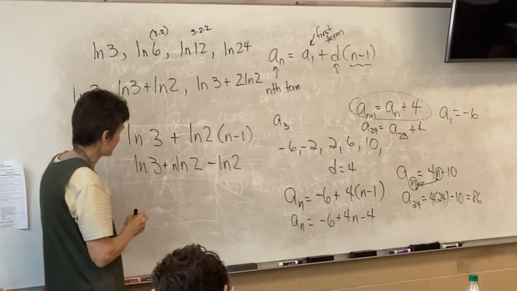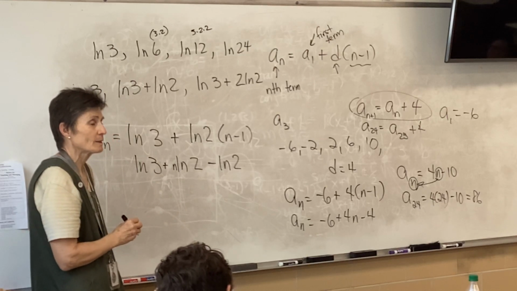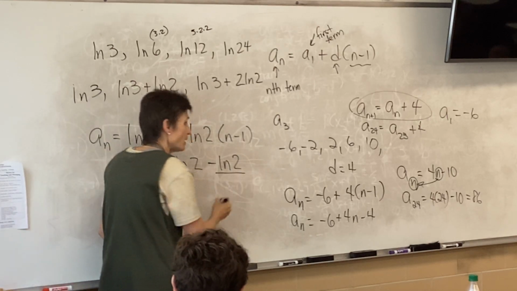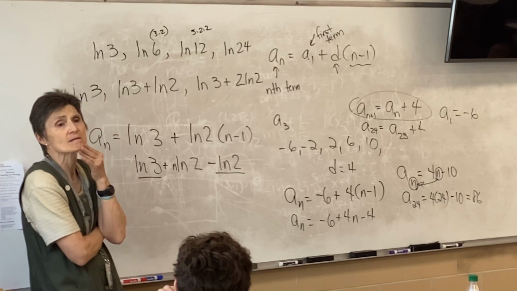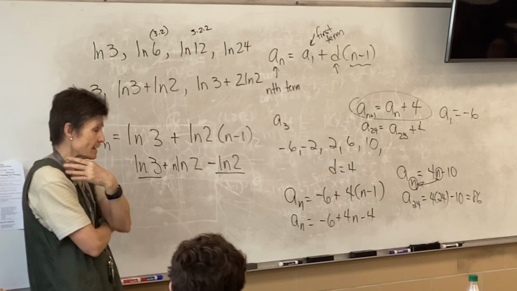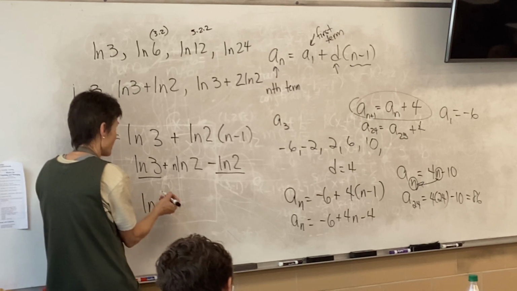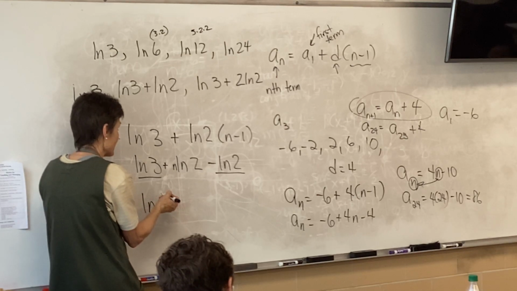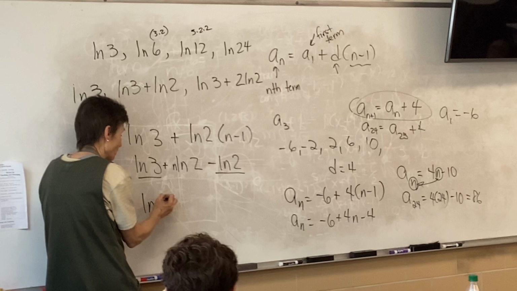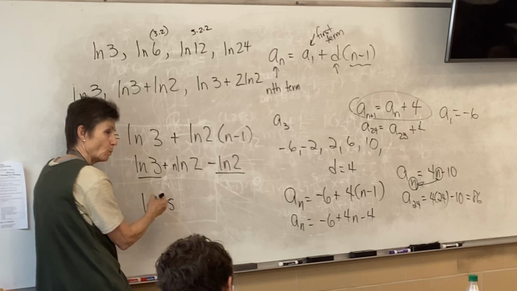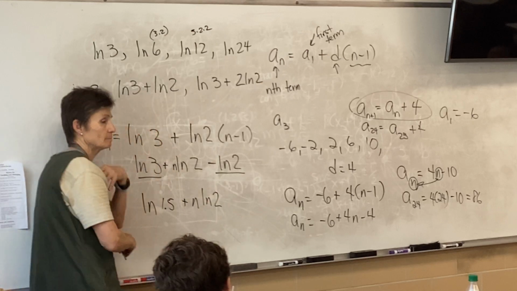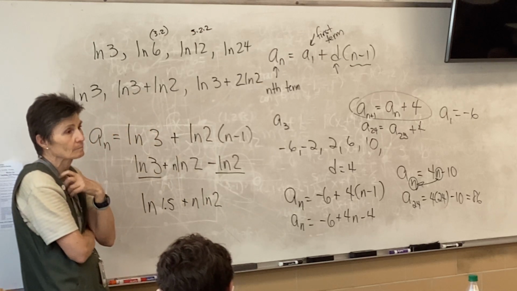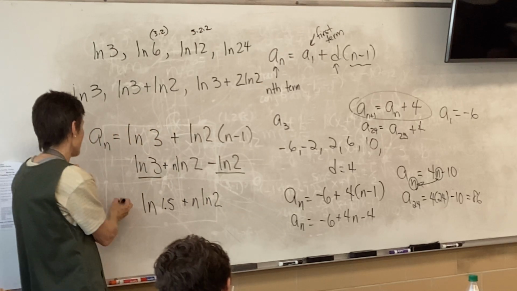If I distribute, is that what I've got? Now, can these two combine? What happens when I have a log minus a log? They go together as a division. So this is going to be ln either 3/2 or 1.5, whatever you're comfortable with, plus n ln2. And that's going to be your nth term.